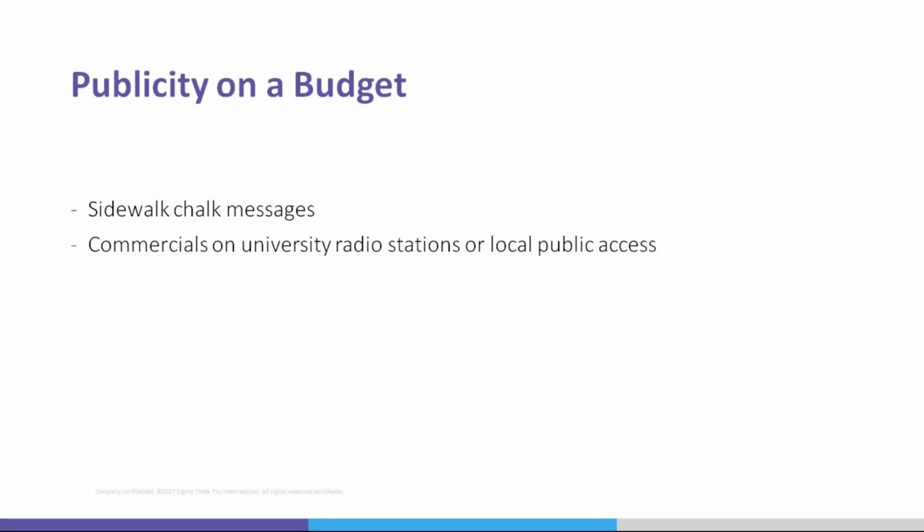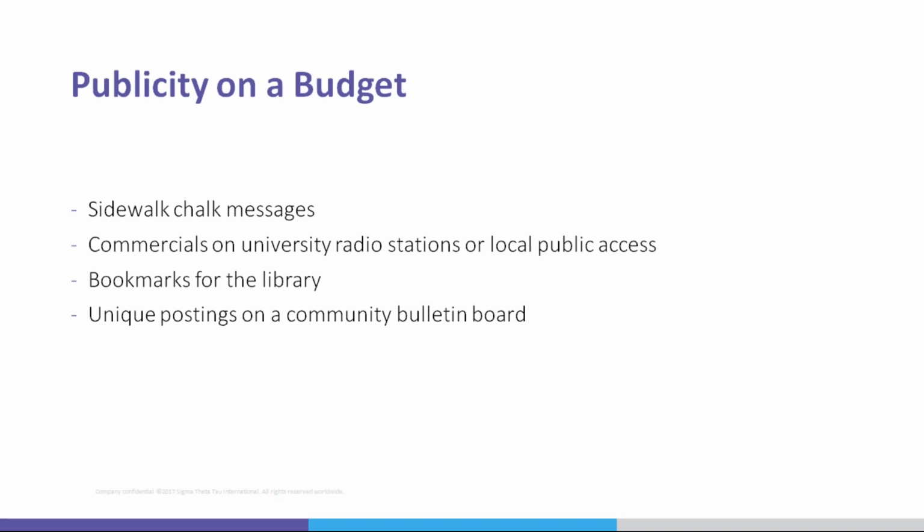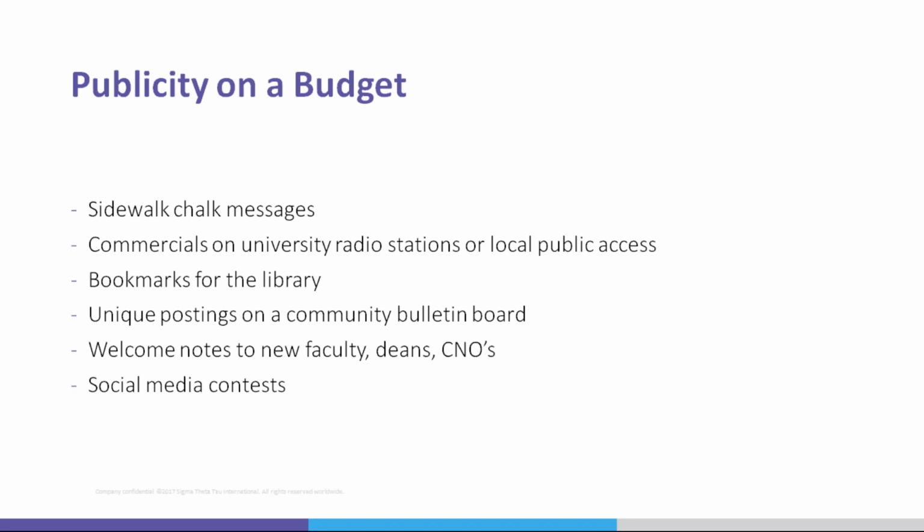Some universities have a campus channel that will air on a loop in dorm rooms or on televisions throughout campus. You could create bookmarks for the library using a black and white printer on colored paper, or post unique messages on a community bulletin board. Consider sending welcome messages to new faculty, deans, or area chief nursing officers and inviting them to the next Honor Society event. You could also use social media to host contests for small prizes, such as a $5 or $10 gift card to a coffee shop.